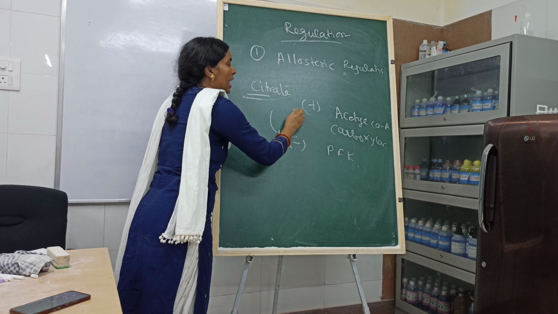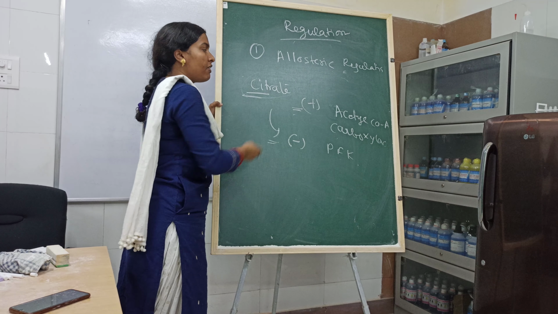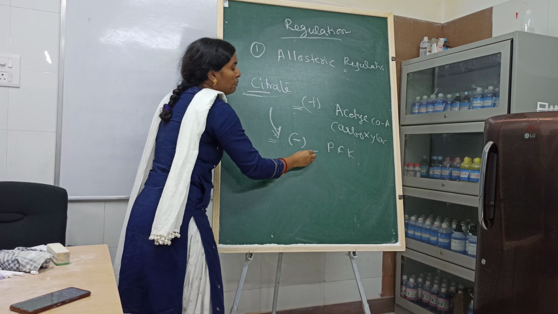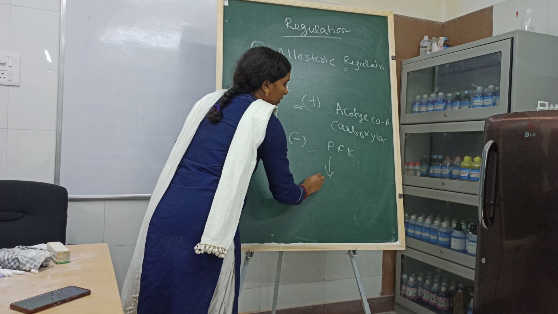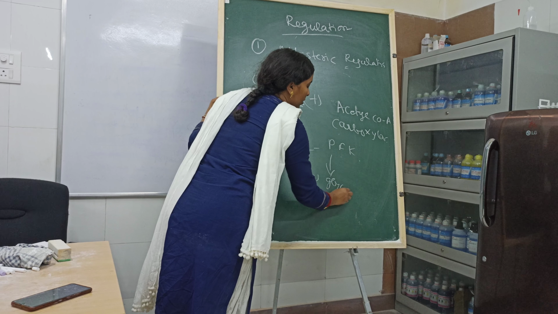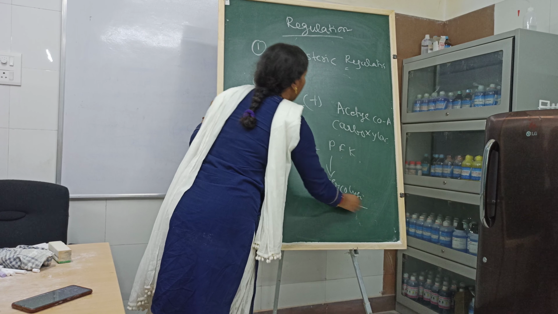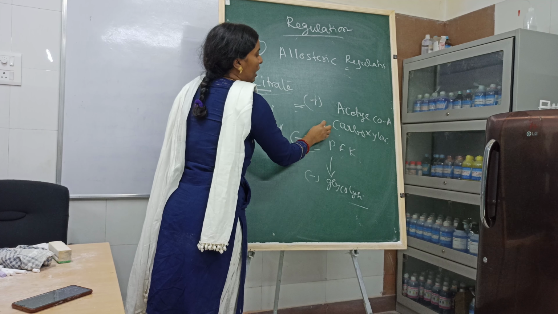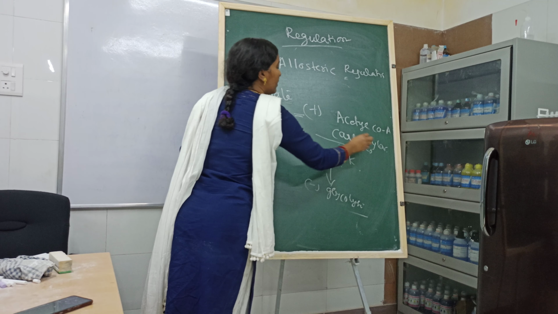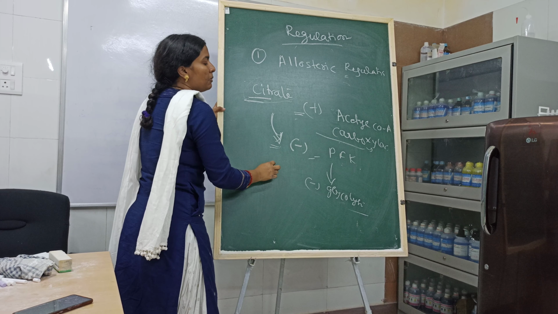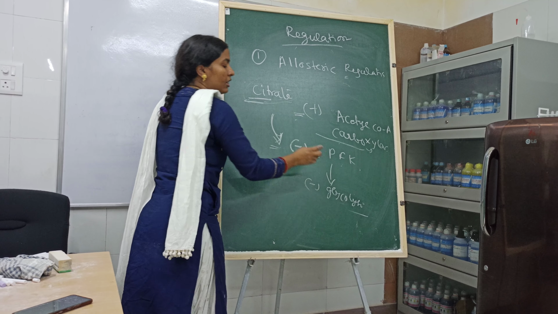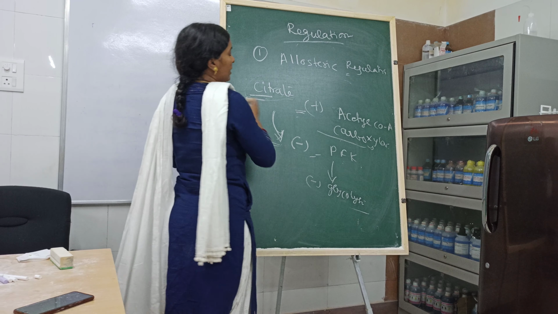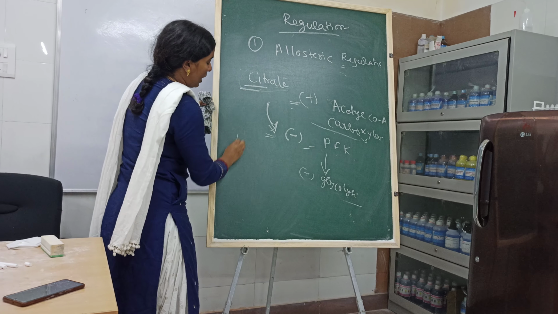It activates acetyl-CoA carboxylase and increases fat synthesis, and at the same time decreases PFK and inhibits glycolysis. So citrate allosterically activates acetyl-CoA carboxylase and fatty acid synthesis, and allosterically inhibits phosphofructokinase and glycolysis. Clear?